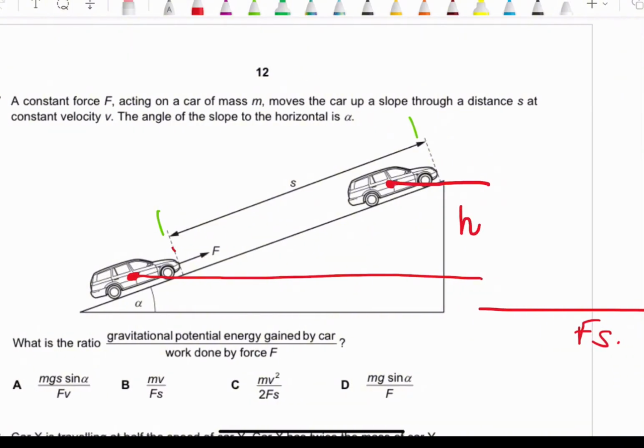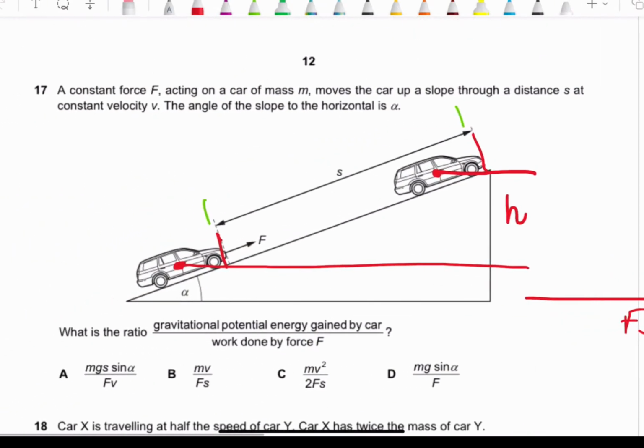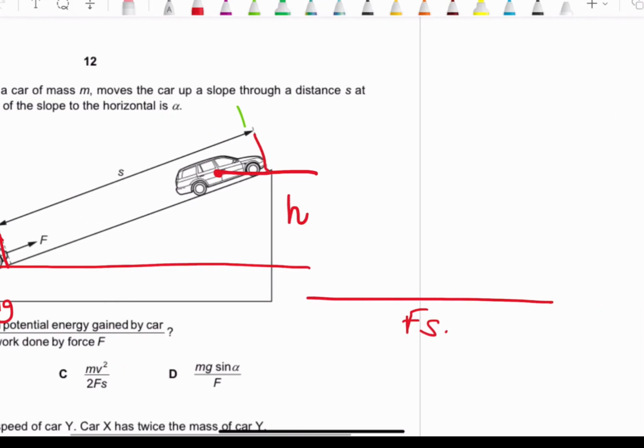From here to here is the same as s, because I've removed this part and added it over there. So it's just that same value of s. The mg sine theta here is the gravitational potential gained by the car. The car had a weight mg, but the mg itself has risen because now it's here.